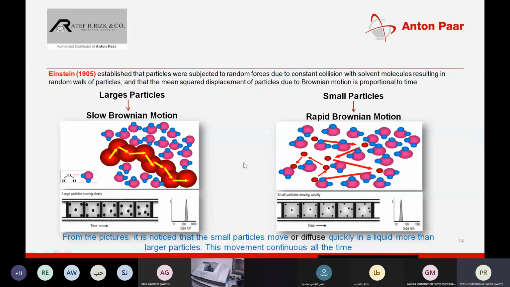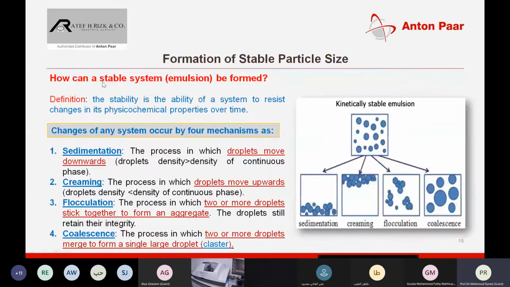How can a stable emulsion system be formed? Stability. Stability is the ability of a system to resist change in its physico-chemical properties over time. Change in any system occurs by four mechanisms. First mechanism, sedimentation, means droplets move from up to down.